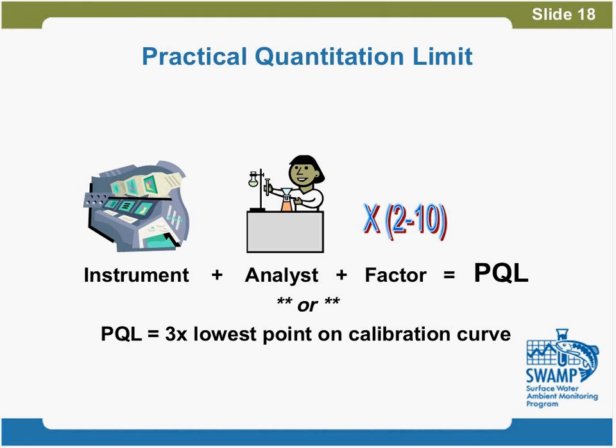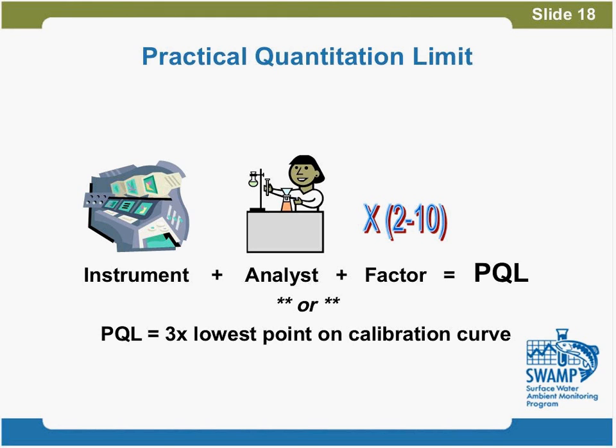And then they subjectively pick, based on that, a factor of anything from 2 to 10, and multiply that by their method detection limit to come up with their practical quantitation limit. So you can understand a system like that would make a quality assurance person like me very nervous. It's very subjective. It's not repeatable, and so on.